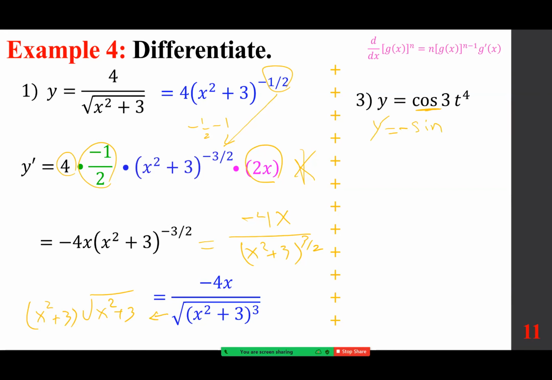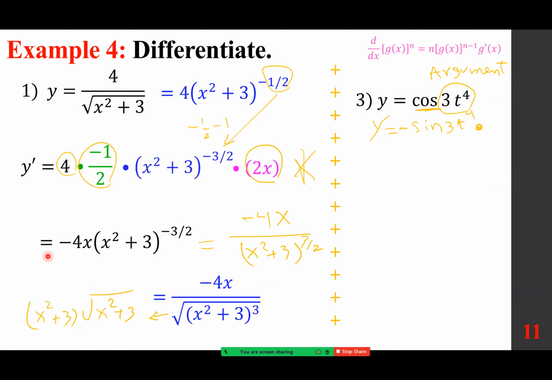Now, what is the argument of cosine? Argument, this is the terminology we use in trigonometry. Then I need the same thing. So cosine becomes negative sine, and you write the argument 3t to the power of 4.